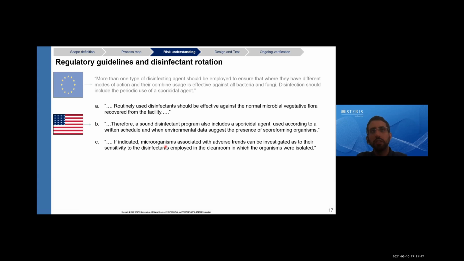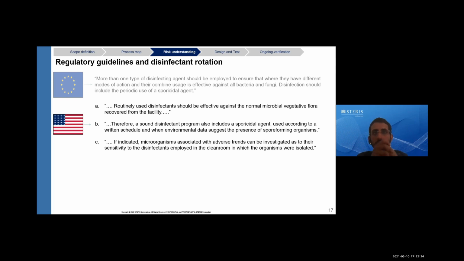However, if your historical EM data shows an adverse trend, deviation, or recurrent deviation, for example a microorganism that pops up all the time, then there may be a need to have another type of scheme, for example two disinfectants with a sporicide. The goal of having two disinfectants with a sporicide is to be capable of killing the larger, more resistant microorganisms and to cover the maximum microorganism spectrum.